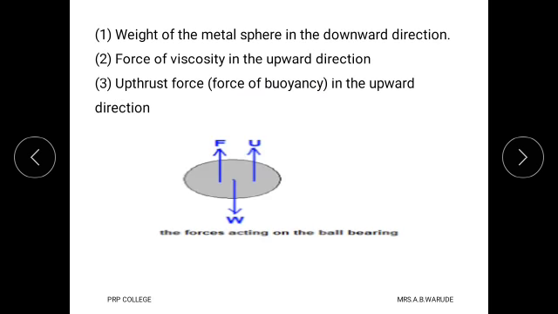Therefore, there is only one downward force, equal to the weight of the metal sphere, but two upward forces act on the ball bearing: first the force of viscosity, and second the upthrust force, or force of buoyancy.